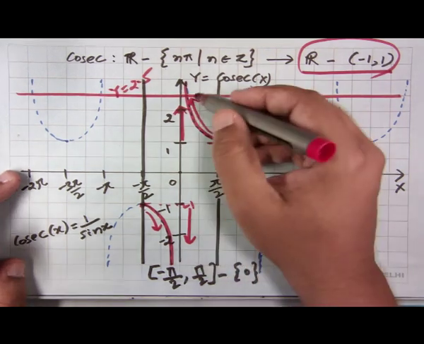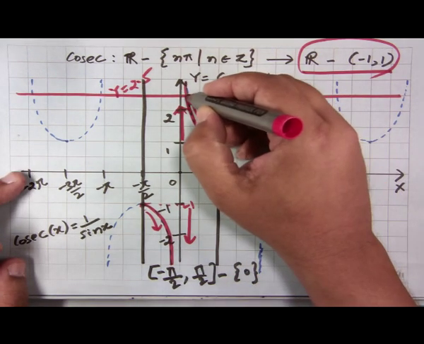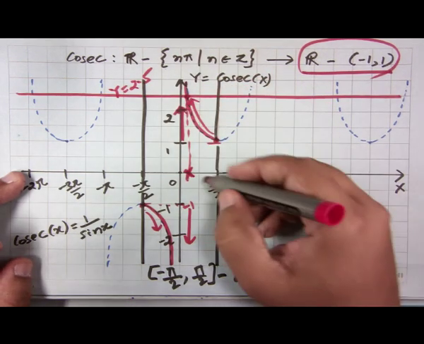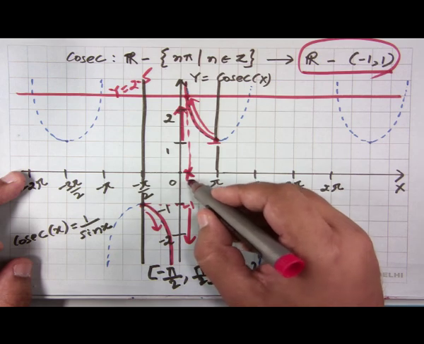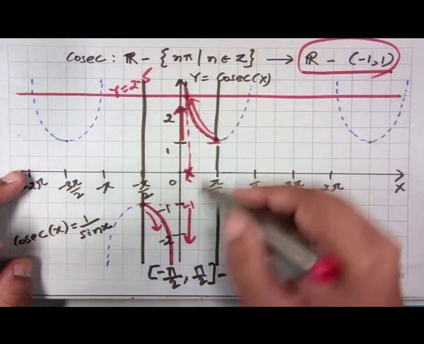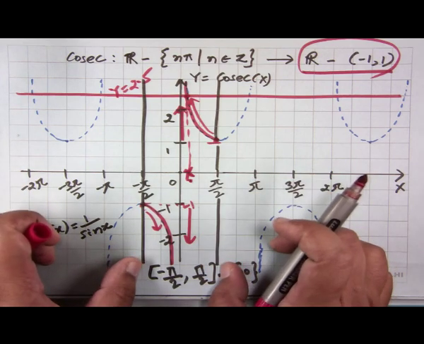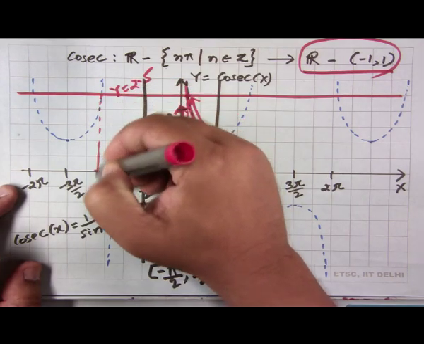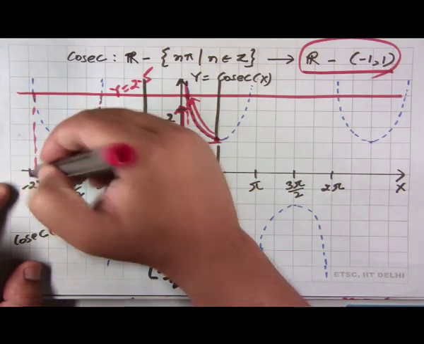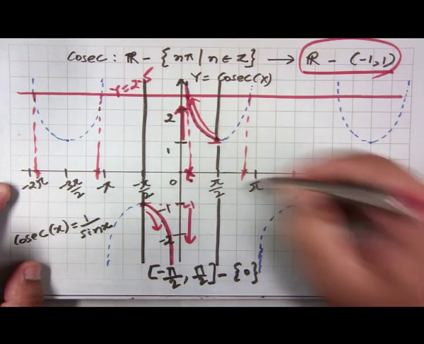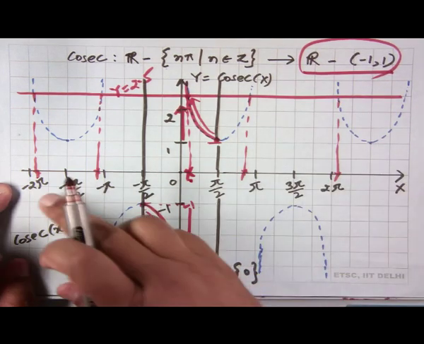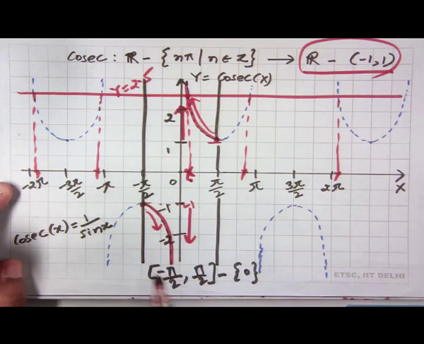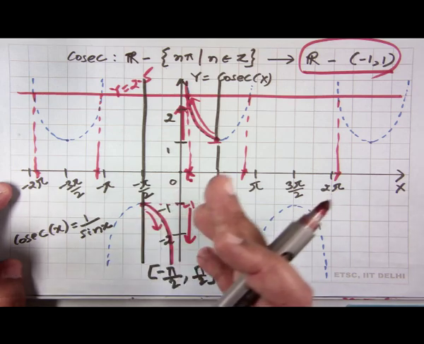For this, we see that there is exactly one unique value of x, which is here, such that cosecant of this value is equal to 2.5, and of course, this value lies in the restricted domain. If we had not restricted the domain, then there would have been many other values, for example, this value of x, or this value of x, or this value of x. So, there would have been infinitely many different values of x such that cosecant of x would have been 2.5, and therefore, there is no unique value as such.